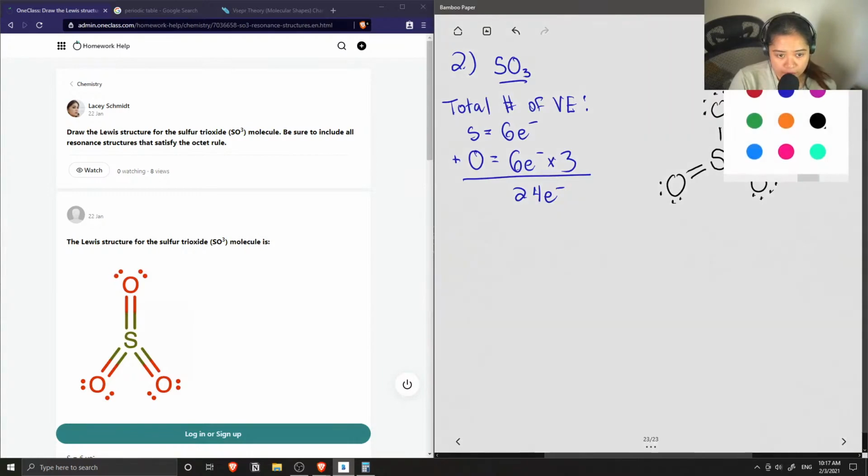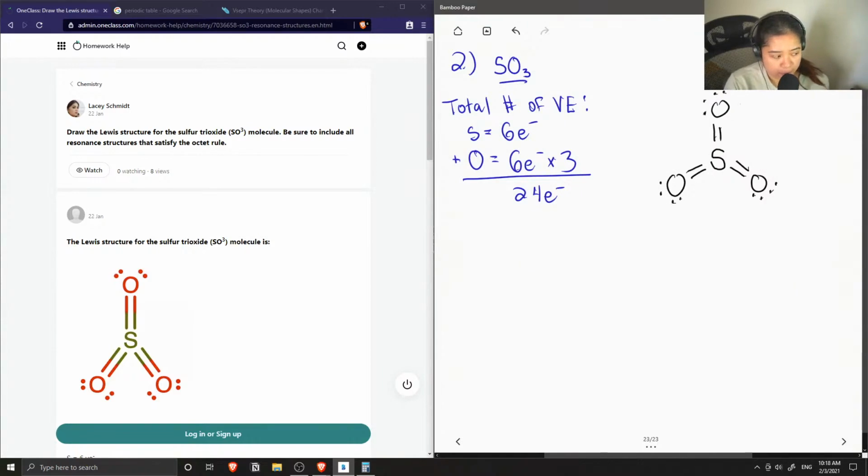So for both of these, I'm just going to bring these electrons down to again form double bonds. And a pair of electrons will be gone to give us the following structure.